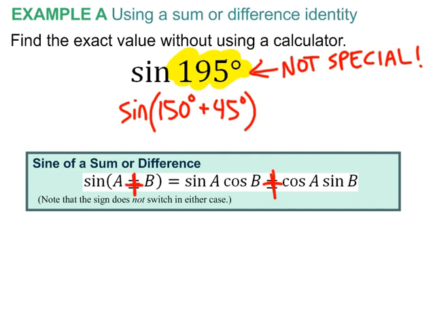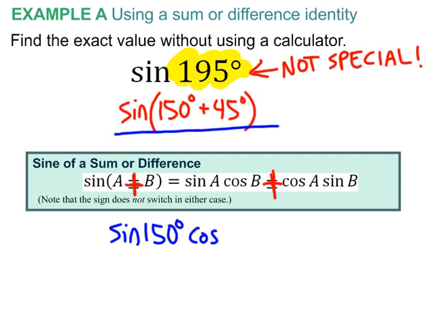Okay, so this is how this formula works. The sine of 150 degrees plus 45 degrees is equal to, according to this formula, sine of 150 degrees cosine of 45 degrees plus cosine of 150 degrees sine of 45 degrees.